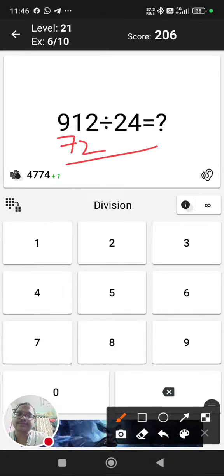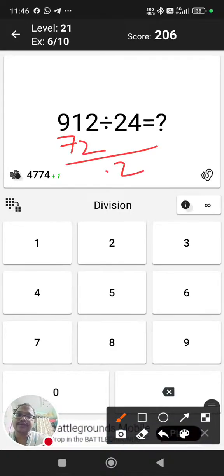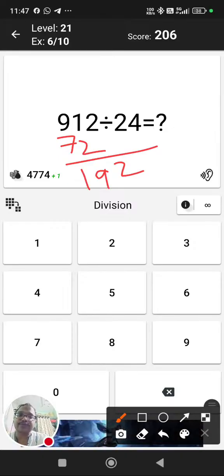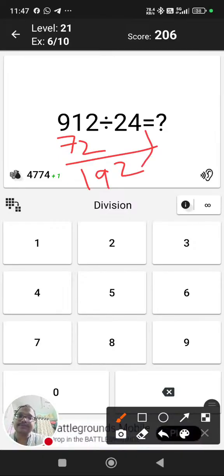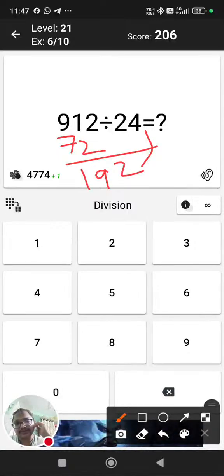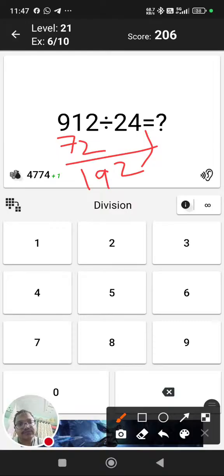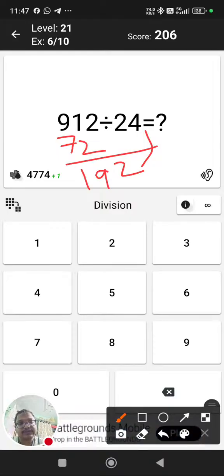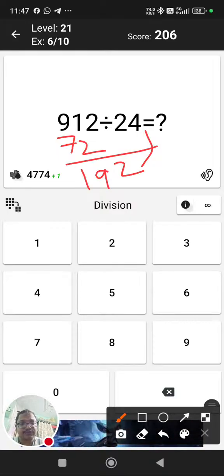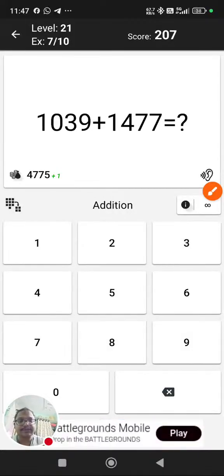We get 2 at the end, 192. 4 becomes 8, means 4 becomes 2, means 9 times, 4 8 times, so we get 38 is our answer.